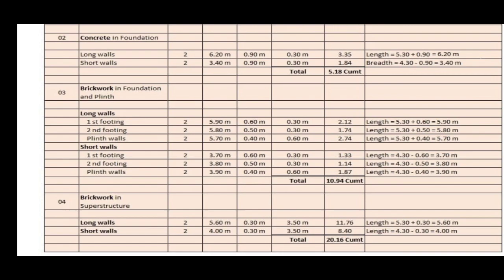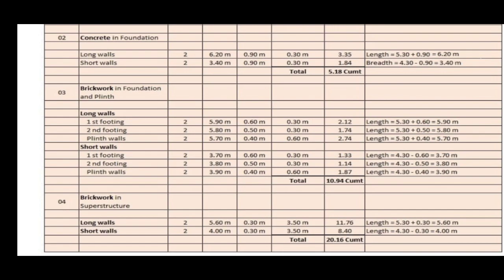For short wall, as per the formula, we can calculate the total length by deduction of half width of item from one side and half width from other side, that is 4.30 minus 0.30 by 2 minus 0.30 by 2, that comes 4.3 minus 0.30, it is equal to 4.0 meters. The total length for short wall in superstructure is 4 meters.